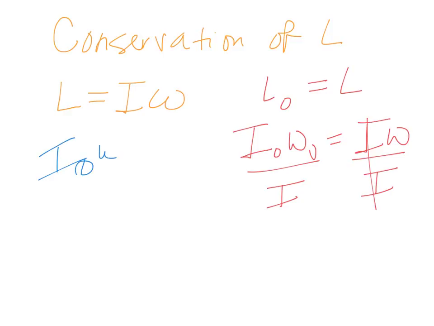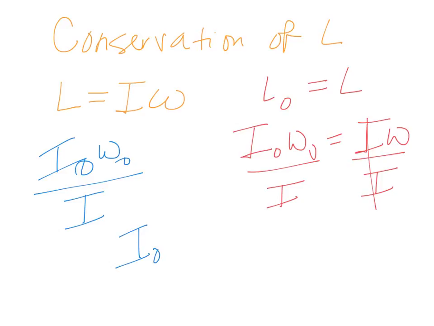So her angular momentum initially is, say, let's make it 4. And her angular momentum at the end is 2, right? So her new velocity is actually going to have to end up becoming doubled, right?